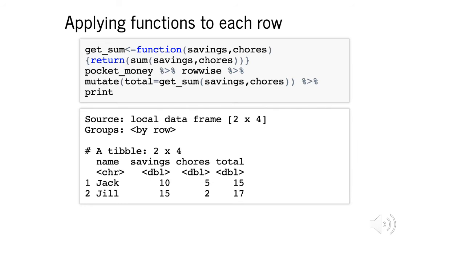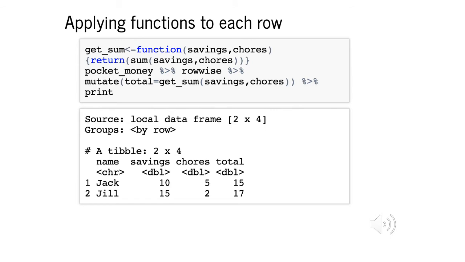Next, we create a function called getSum, which takes the savings and the chores and does what you might expect, adds them together. We're going to implement this function by starting with our data frame, pocket money, passing it through the pipe, and telling R to do this calculation row-wise, row by row.